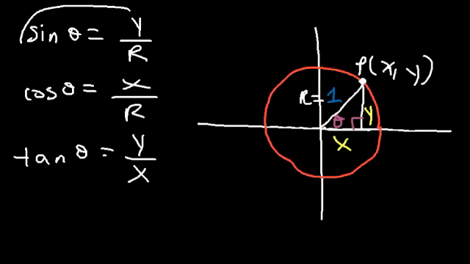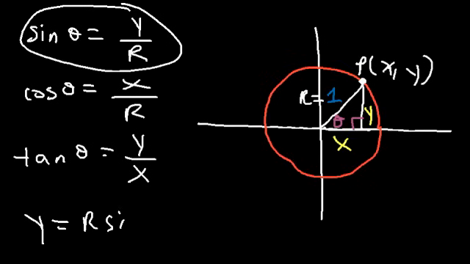If you rearrange this equation and solve for y, y is r sine theta. x is r cosine theta. So if you ever need to find the terminal point, and you have the angle and the r value, you can use those two equations.